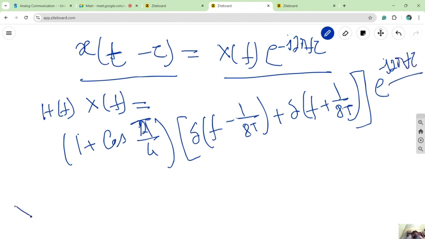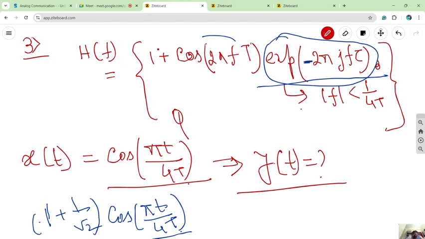So what would be the time domain representation? Whatever this signal was will be shifted by a factor of tau.